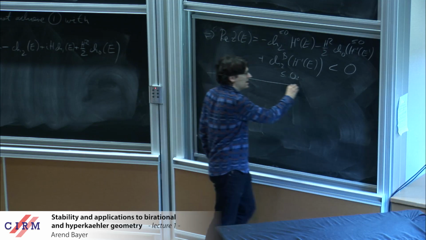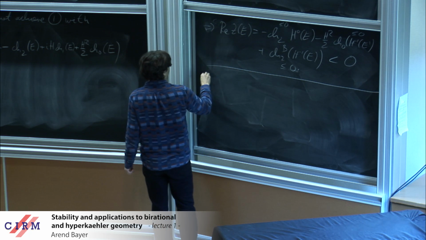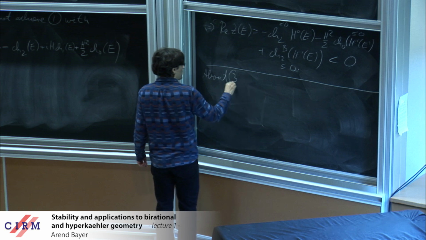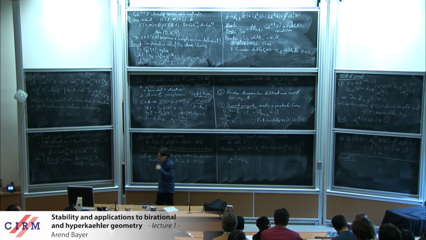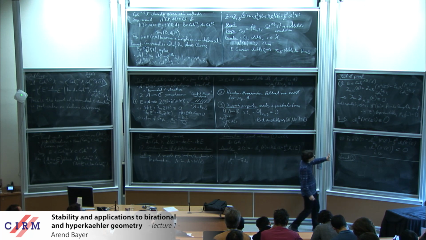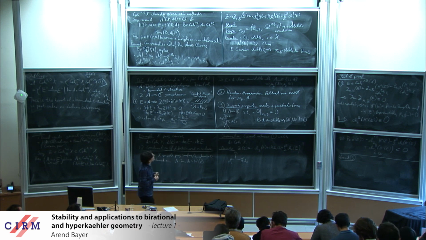Let me also say one word about part 3. So again, you deduce this from the Bogomolov-Gieseker inequality. Roughly speaking, the idea is that we now really think of this stability condition as a deformation of slope stability.